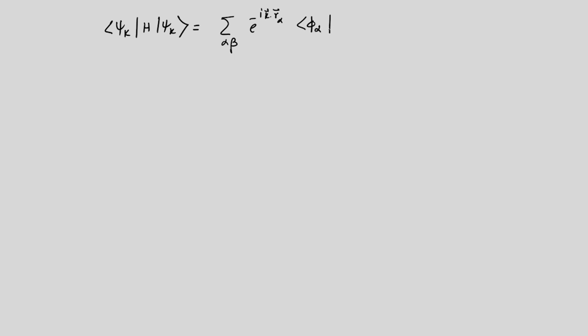So, phi alpha H phi beta and exponential I k dot r beta. So, this is nothing but equal to sum over alpha epsilon 0, which takes into account the delta alpha beta, and a minus t exponential I k a, where a is equal to r alpha minus r beta.